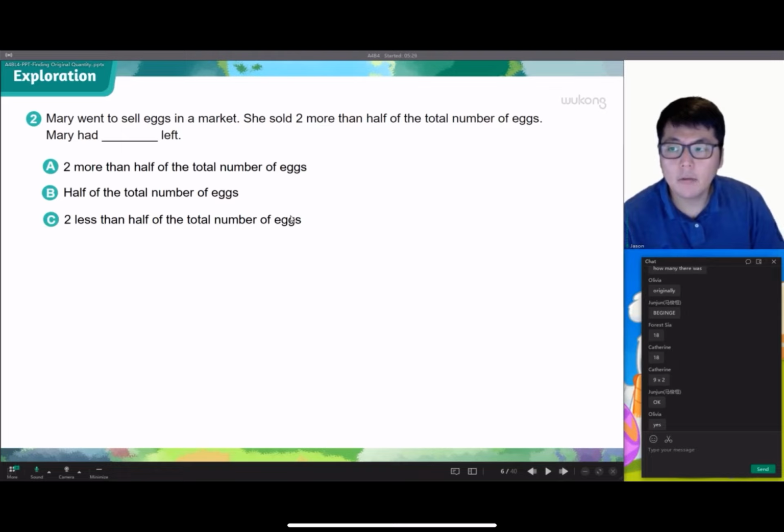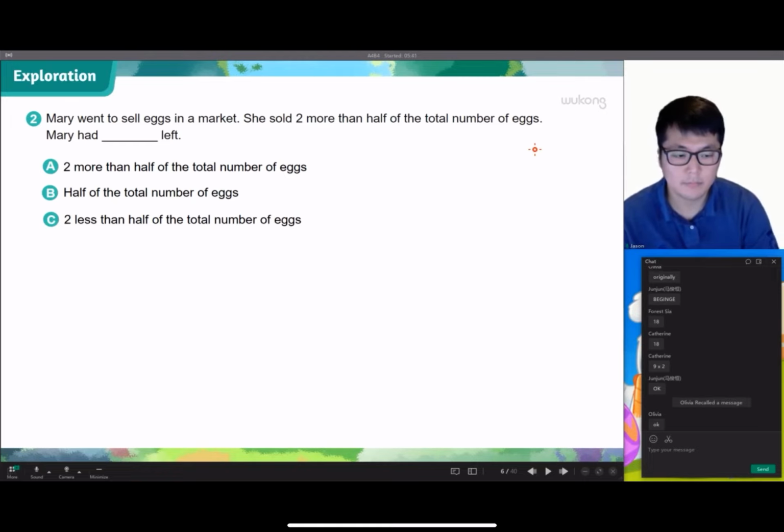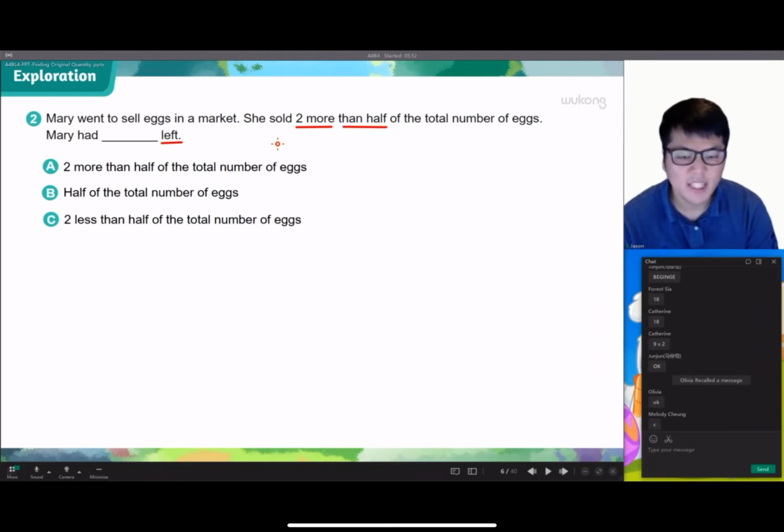Alright, so now Mary went to sell eggs in the market. She sold 2 more than half of the total number of eggs. So Mary had how much left, guys? What do you think? So she sold 2 more than half. So how much is left? If you read this question, guys, you need to understand this is actually a very important statement.